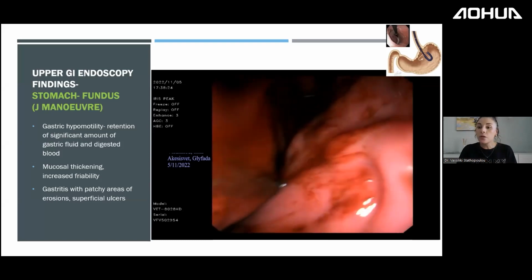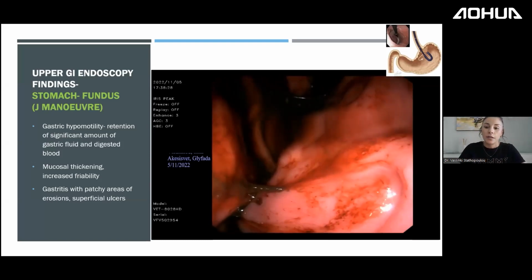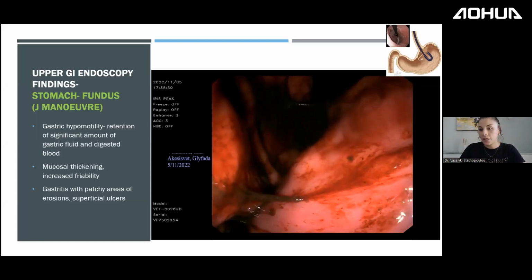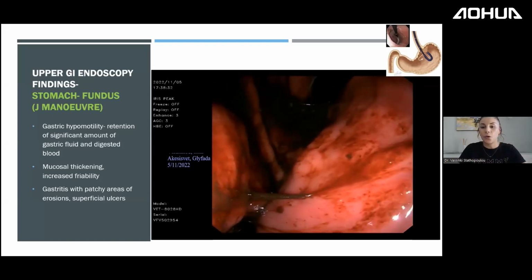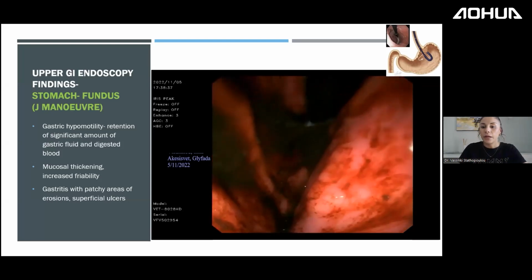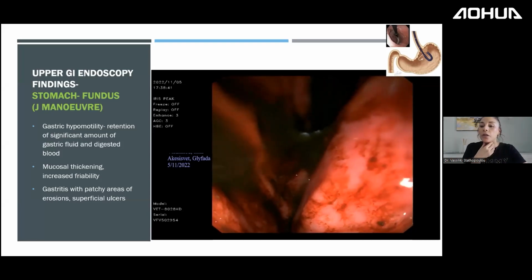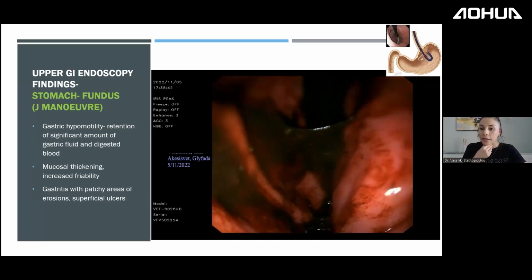Otherwise, you might lose the lesions or some ulcers. So I'm just waiting here for the fundus to open up. And if you can't infuse air, then you can also grab the trachea of the animal so that the fundus opens up.